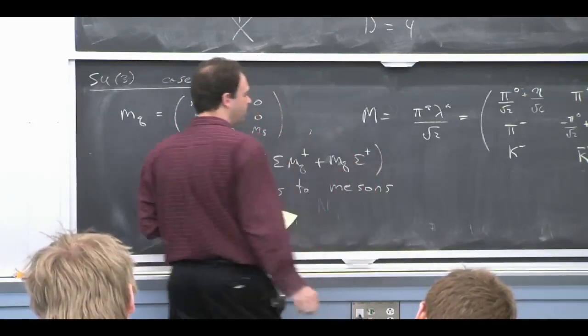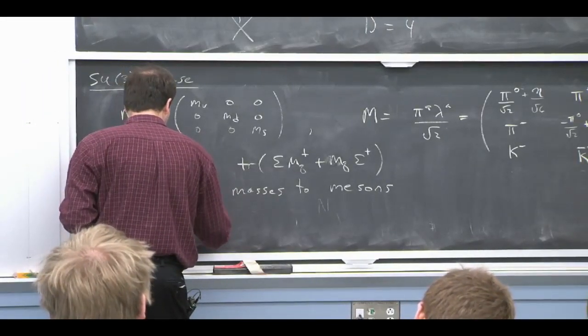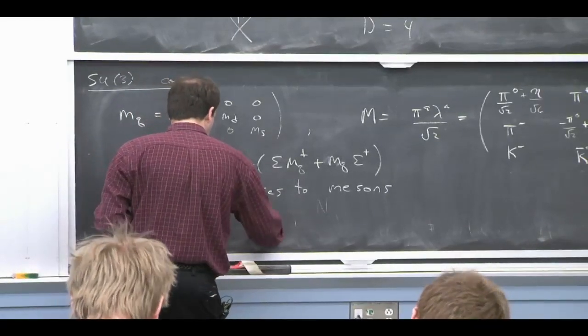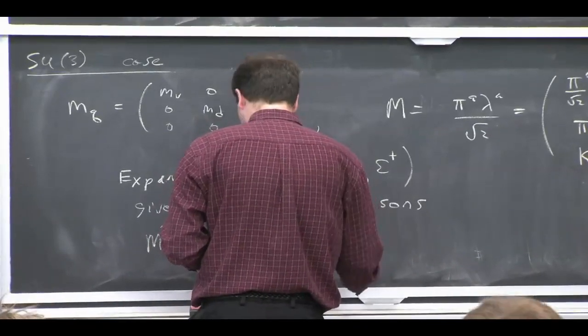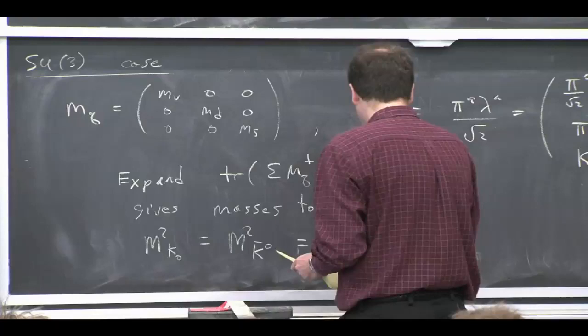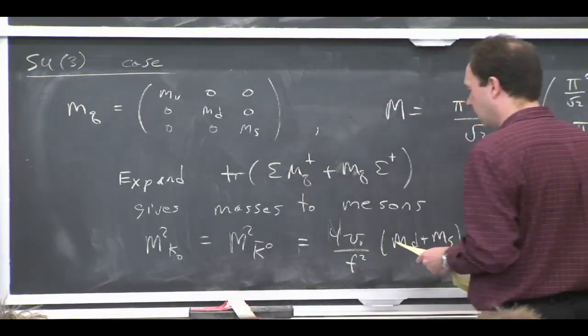Because the symmetry group is bigger, you get more predictions. Here you get predictions for the kaon masses, and you get things like the fact that the neutral kaons have masses over md plus ms.